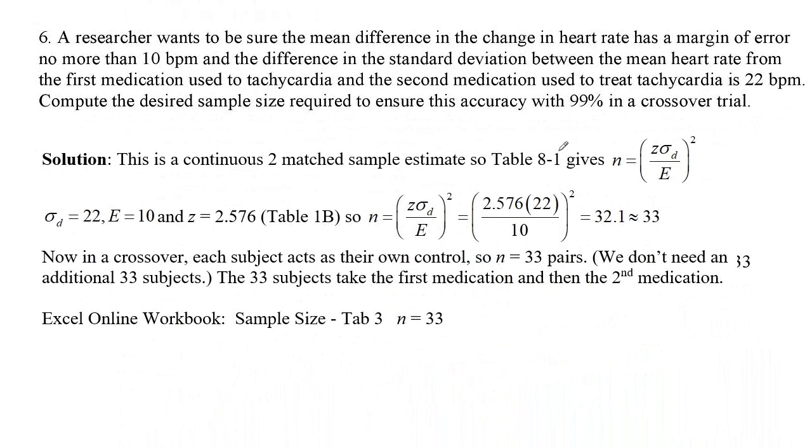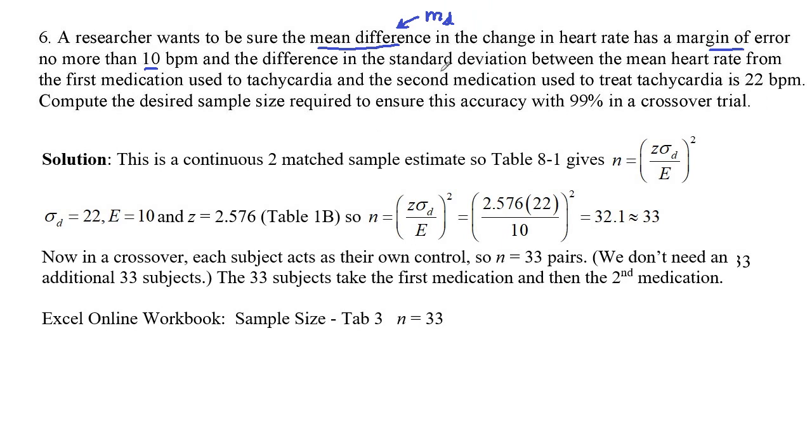Problem number 6, the researcher wants to be sure that the mean difference here in change in heart rate has a margin of error no more than 10. So margin of error 10, so that's saying E is 10, that's right here. And mean difference, that's going to be M sub D, the mean of the differences.